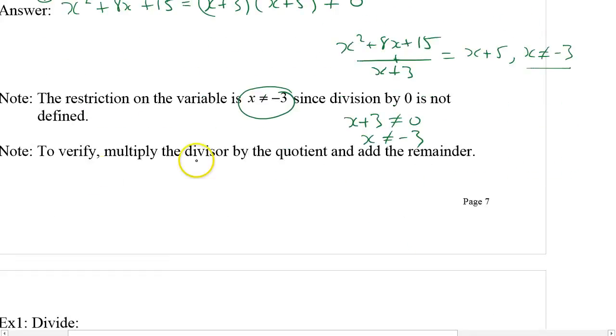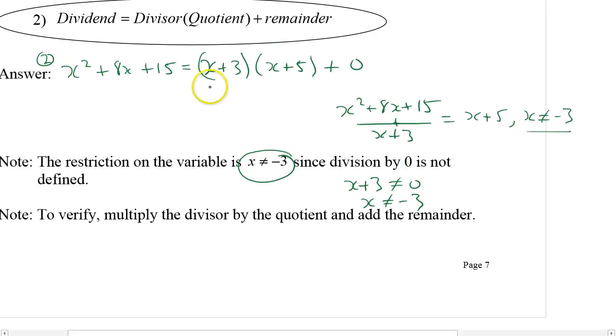To verify, we could multiply it out again. So if you look at this form here, if we wanted to check our answer, we could multiply these two together and then add any remainder that we might have and see if we get our original answer. So if we did FOIL in this case, if we did x plus 3 times x plus 5 and then added whatever remainder we had, what would we get?